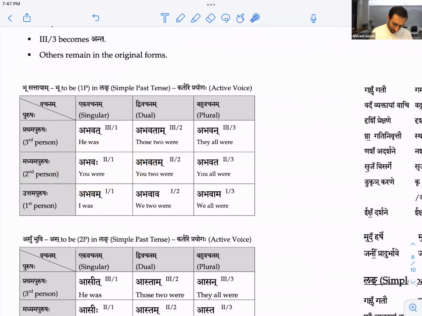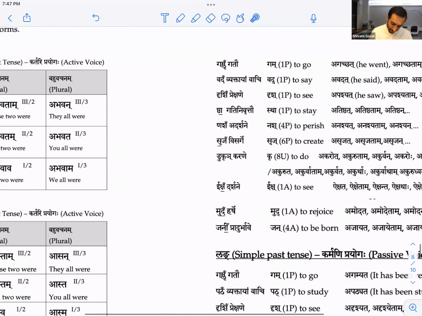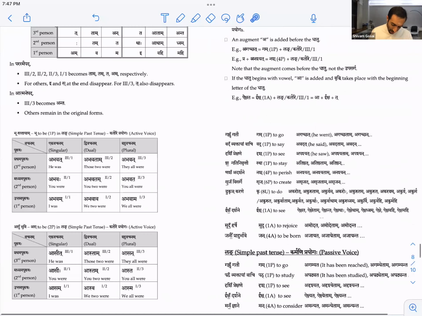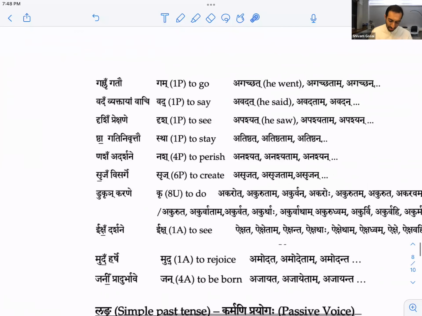So Madhyama Purusha, it would be avadaha. Avadaha is just how you say Madhyama Purusha, Ekavachana, in Lang Lakara.